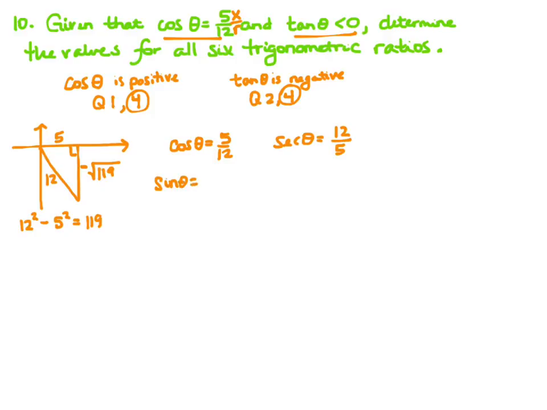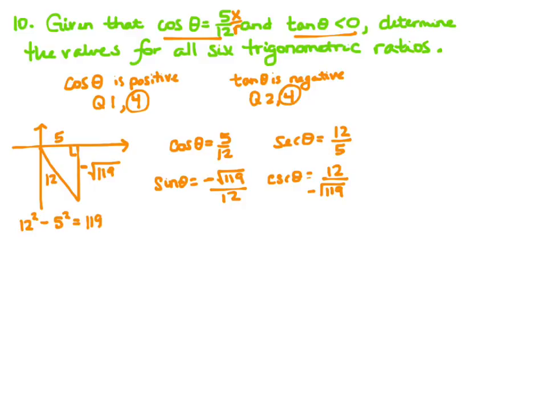Sine theta is y over r, and so in this case, negative square root of 119 over 12. Cosecant theta is going to be the reciprocal, r over y. So I get 12 over negative square root of 119.